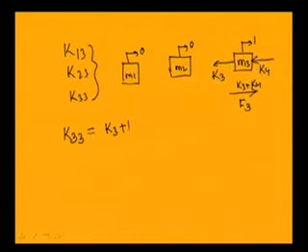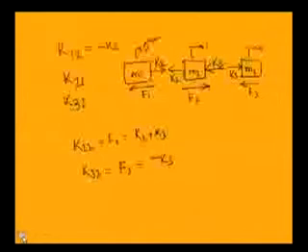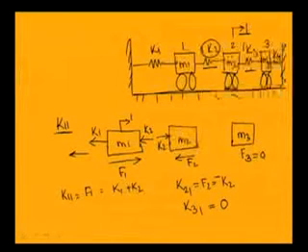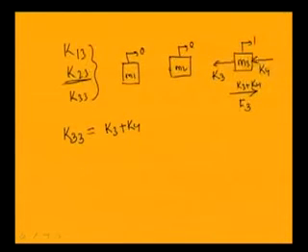Now, to find K23, let us see the free body diagram of mass m2. To have unit displacement at 3, the spring K3 will pull mass m2 towards the right by a force K3.